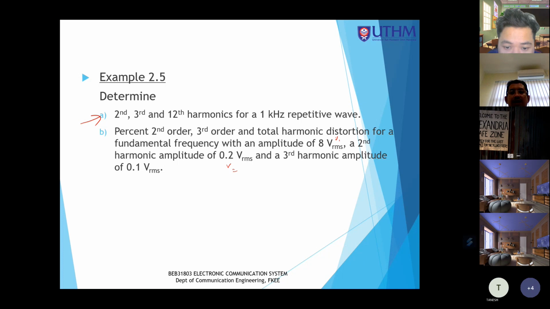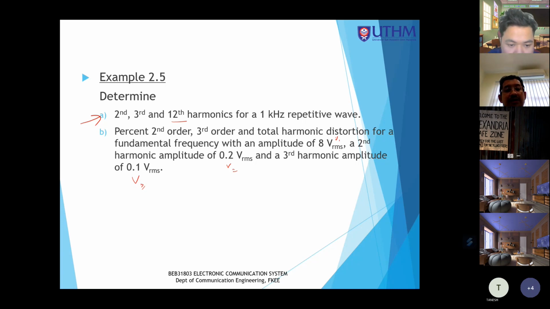This is V2, and this is V3 for the third order harmonic. So soalan ini dia tanya berapakah second order, third order dan juga total harmonic distortion. You see that the question only asks second and third order only, and the question does not ask about 12 order harmonics.